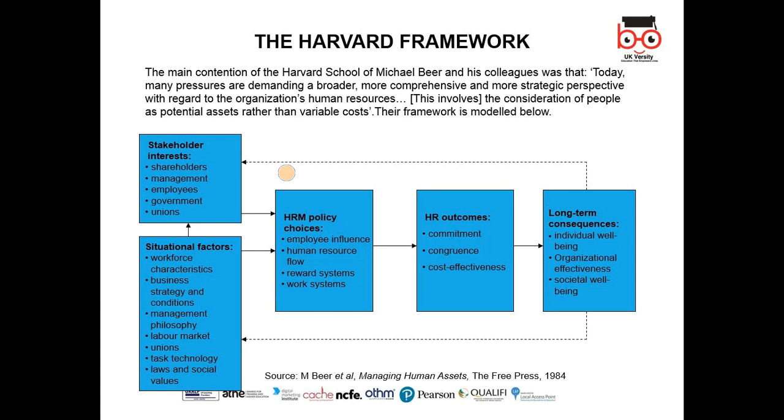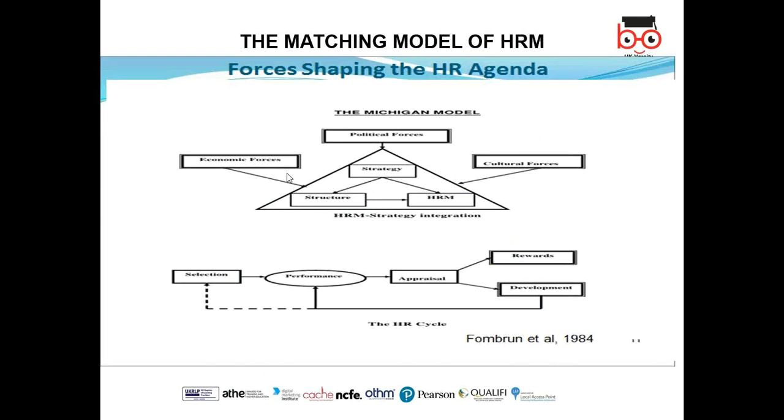If you compare that with the Michigan model, we'll call that the hard model. It's not really looking at the soft side of employees, their commitment and so on. It's looking at them just as a means to make money.